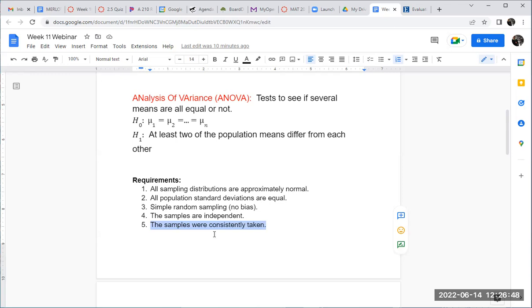It was required that all of us use the same rules, the same technique, and the same processes. That's the big thing with consistently taken: if you're going to do a study in different areas, like states, you're not going to do it all yourself. It's too hard. You're going to hire people in every state, and you have to make sure that every person you've hired is conducting the study in a similar fashion. Does that make sense?